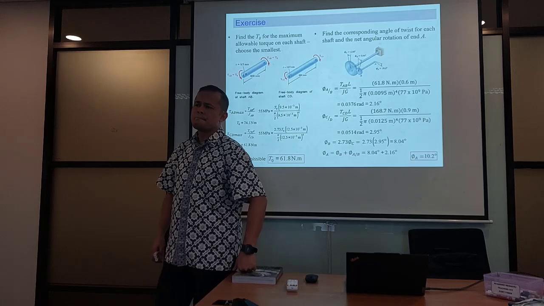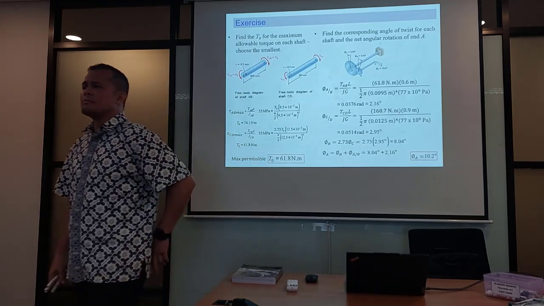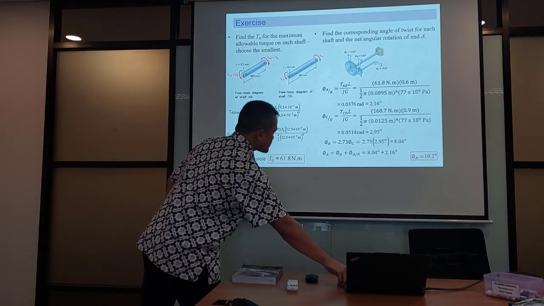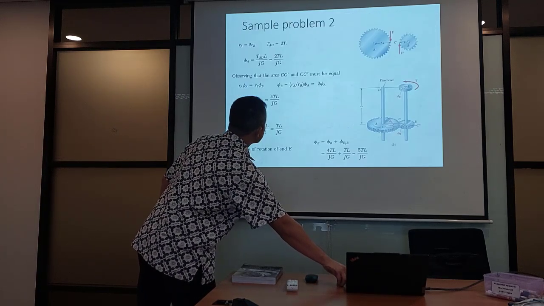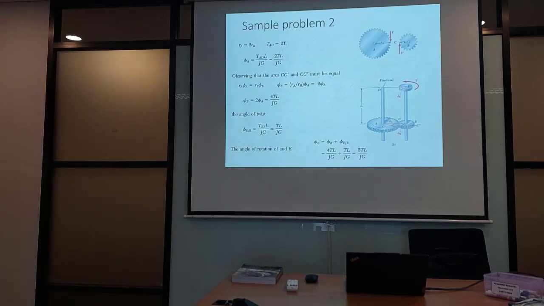Judging from the equation, is shaft AB subjected to more torsion than shaft BC? Shaft AB is subjected to more torsion than shaft BC.